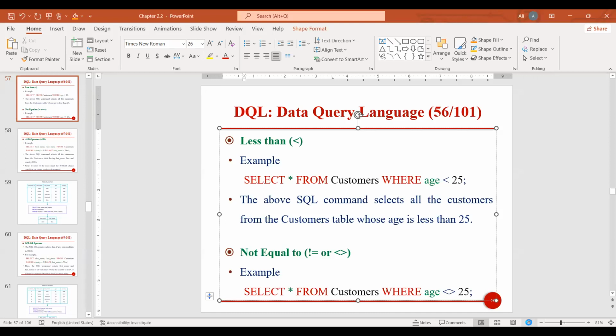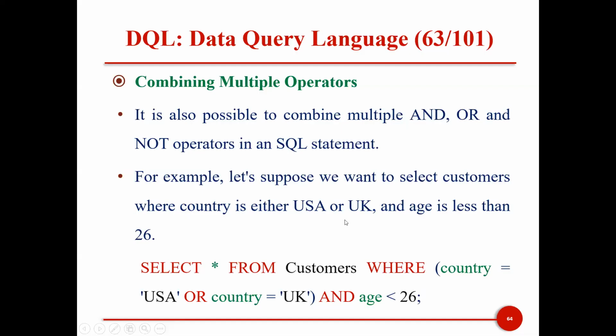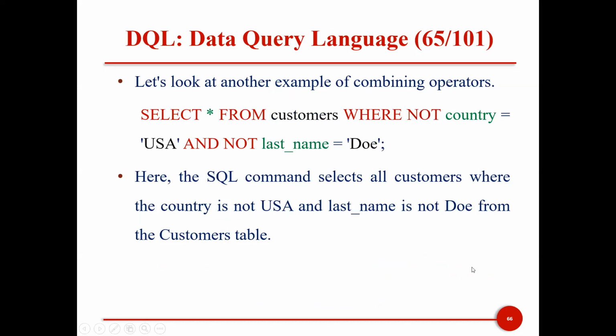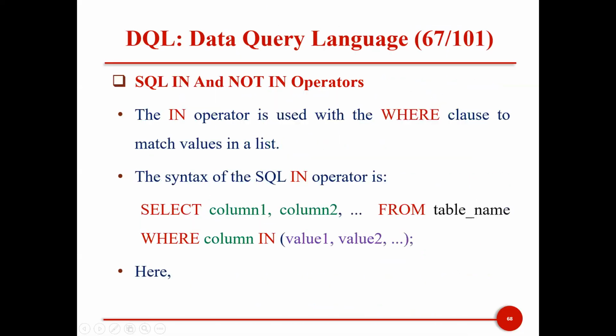Then we looked at this and the combinations. You can see here someone is this and so on. Then using the IN and NOT IN operators. So the IN operator is used with the WHERE clause to match values in the list.